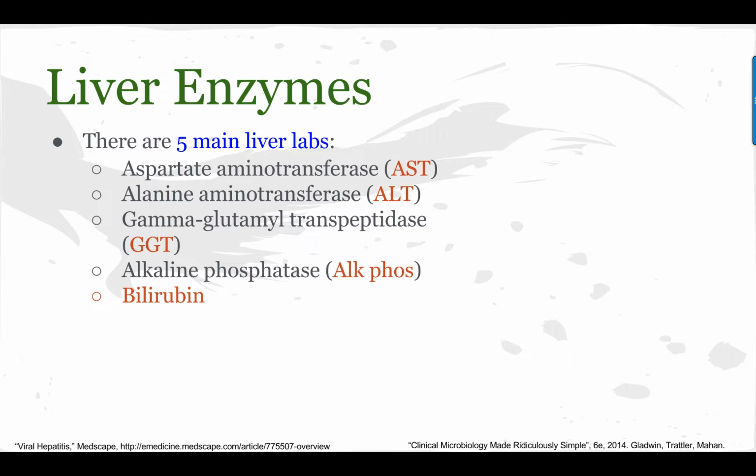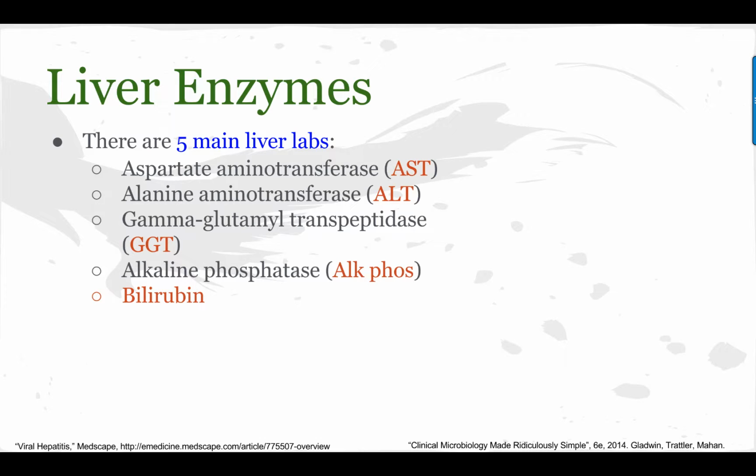Real quickly back to AST and ALT for just a minute. These are enzymes that are particularly important in amino acid metabolism. They transfer amino acids back and forth, particularly aspartate and alanine. Now, alkaline phosphatase is another very important enzyme that we spend a lot of time discussing when we get into liver diseases.